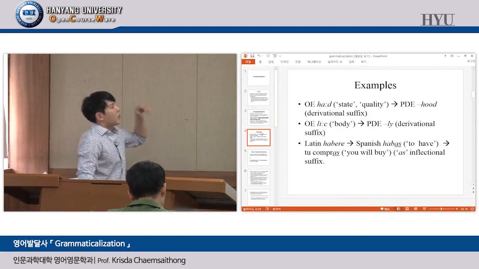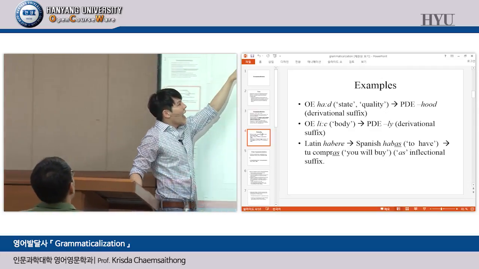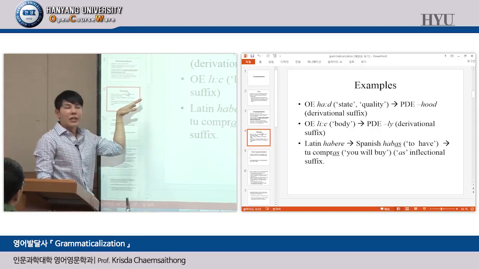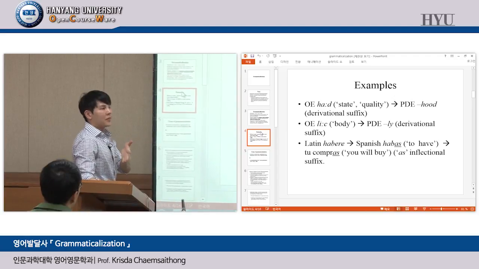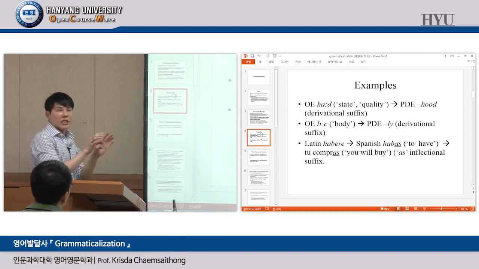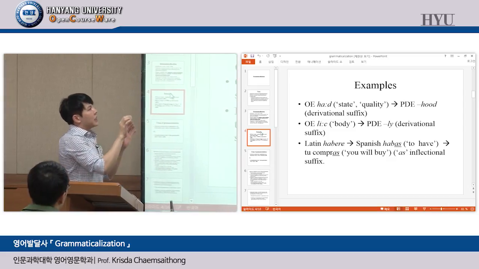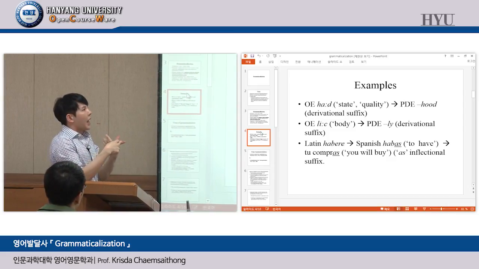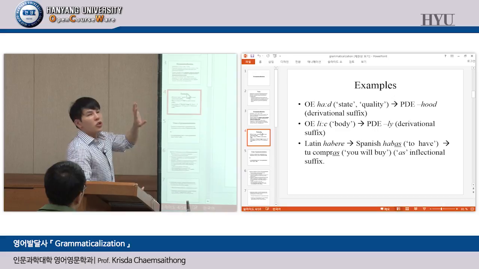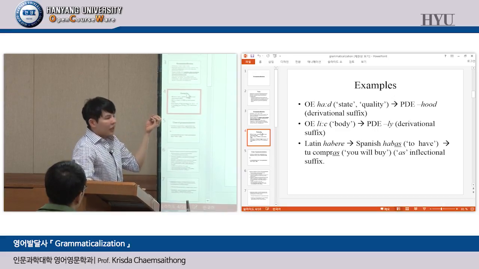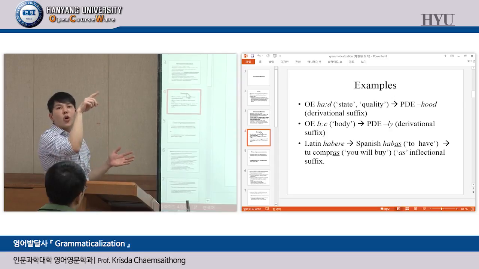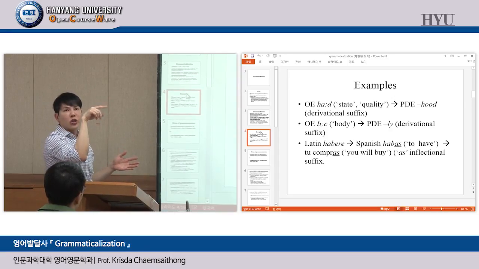For example, we used to have words like had and leak, right, in Old English, which we came across from time to time. They are nouns. Had means state or quality. However, that word is no longer a word, right? In modern English, it became hood, H-O-O-D, right?